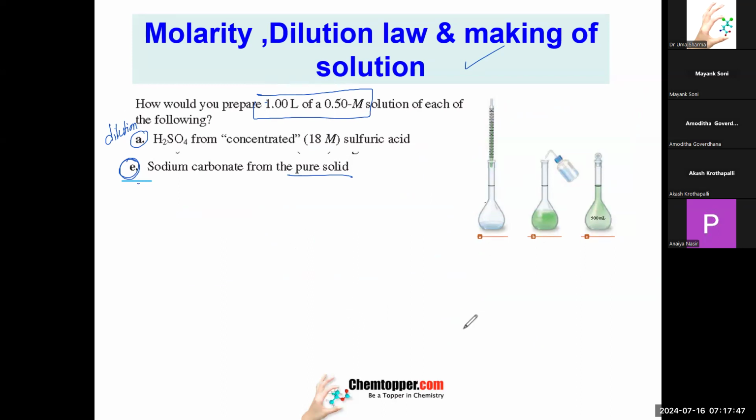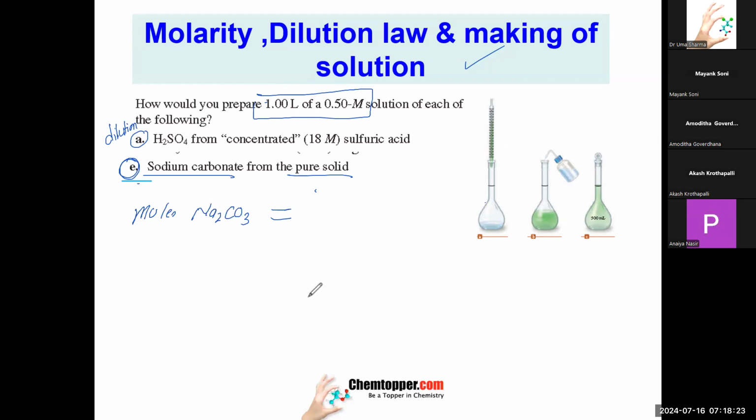You'll take a 1 liter volumetric flask, you'll dissolve the solid. The question is how much solid should I take? Can I calculate? So I'll get the moles of Na2CO3, sodium carbonate. How? Yes, children? How can I get the moles of sodium carbonate?